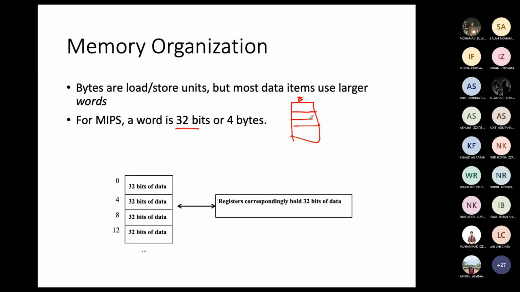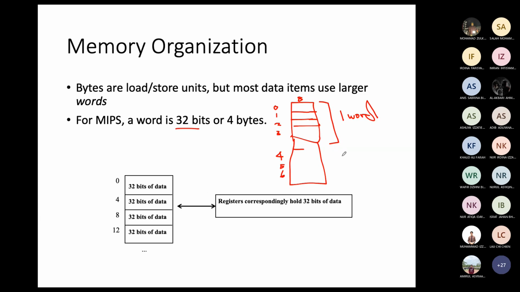So 4 8-bit data units are grouped into one word. Basically this is 0, 1, 2, 3, and then when it goes to 4, 5, 6, 7, it becomes another word.